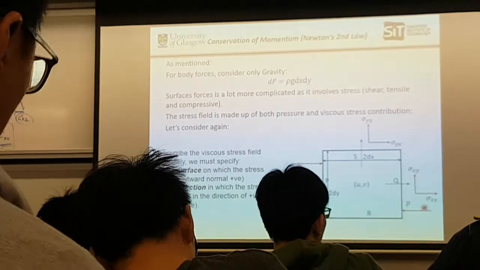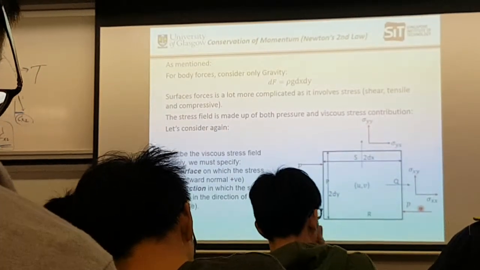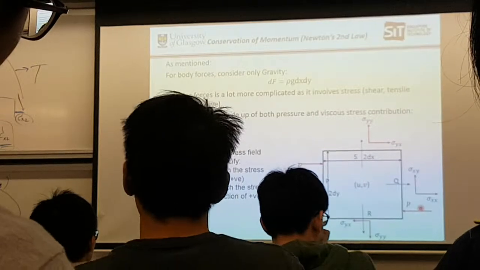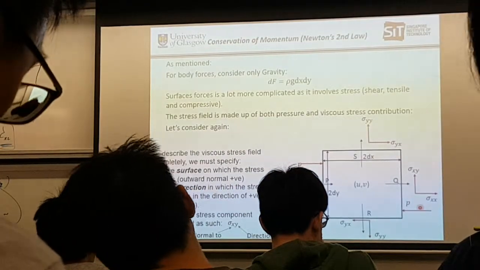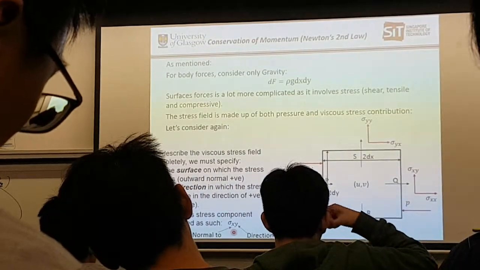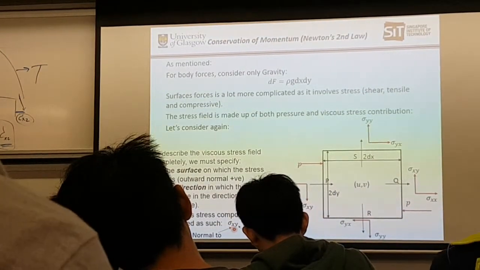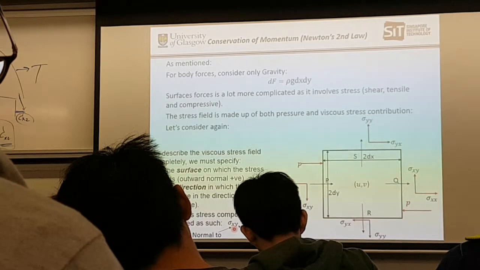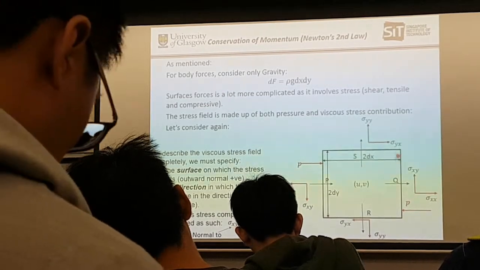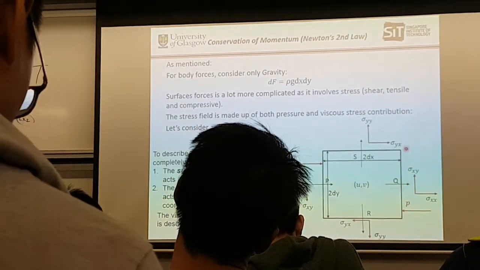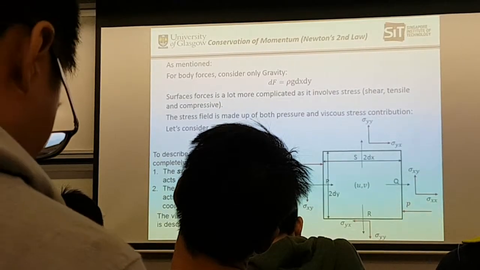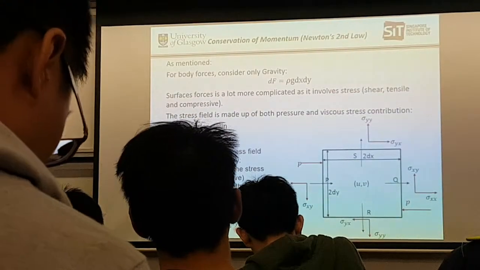y, x, x, y, x, x. What does this mean? As a rule of thumb, we can define this as follows. The first letter is always the surface that the shear stress is normal to. So this is telling us this shear stress is normal to the x surface, but acting in the y direction.